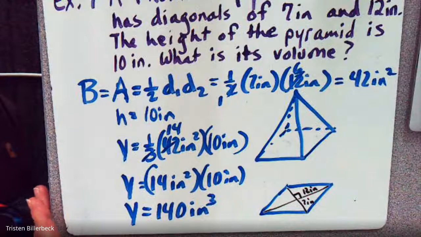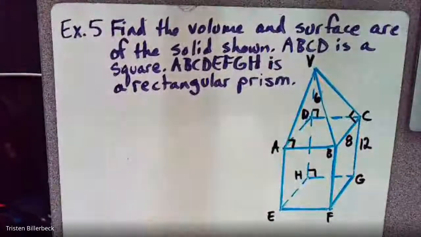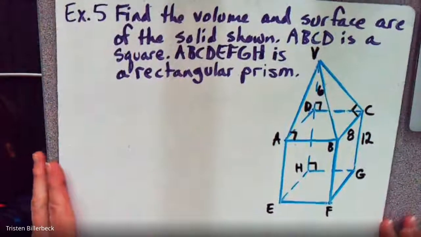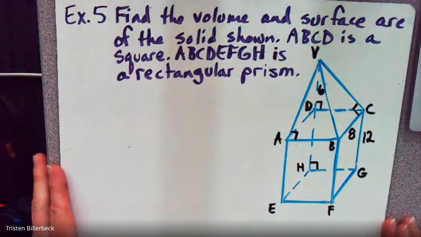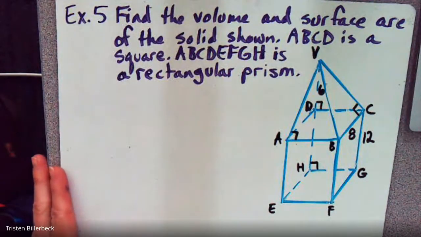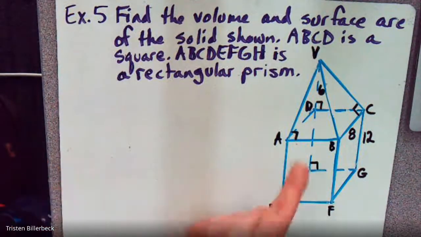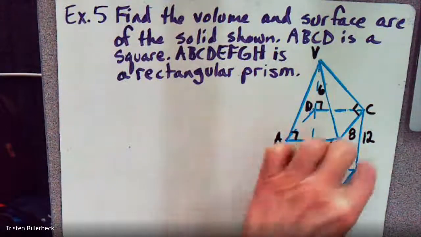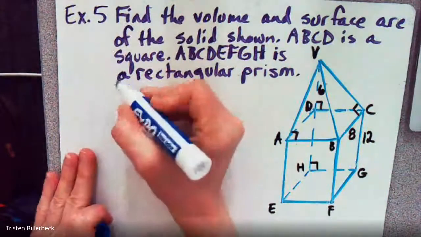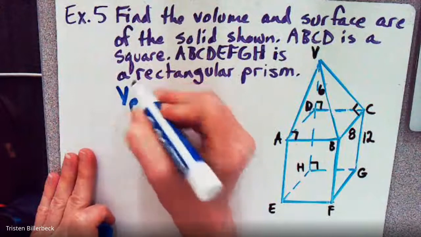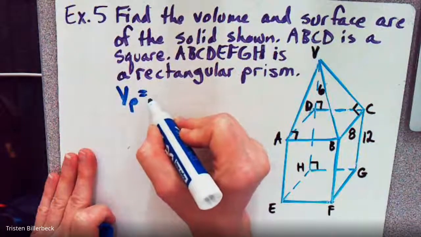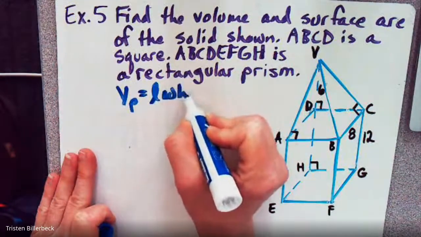All right, so this last example is going to be a little troubling, but we will get through it. First we're going to find the volume, and we know that's a piece of cake. So first we can find the volume of this prism. The volume of the prism is length times width times height.